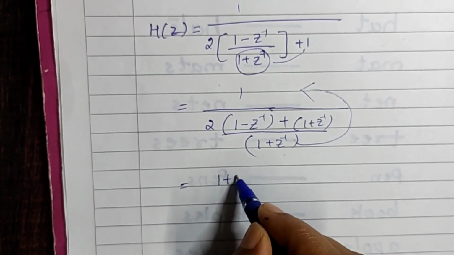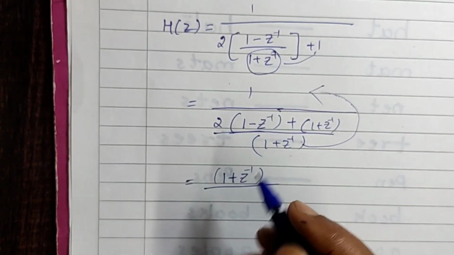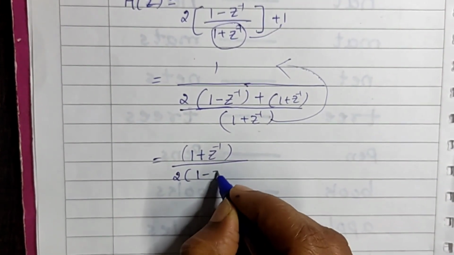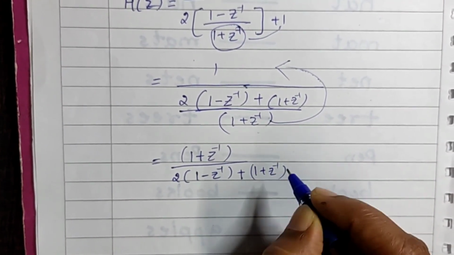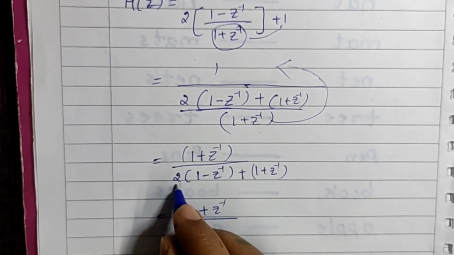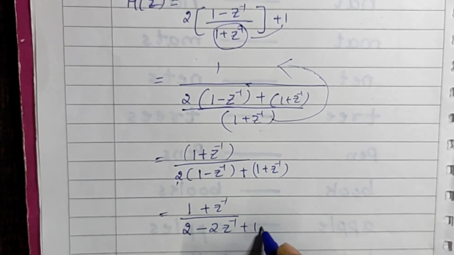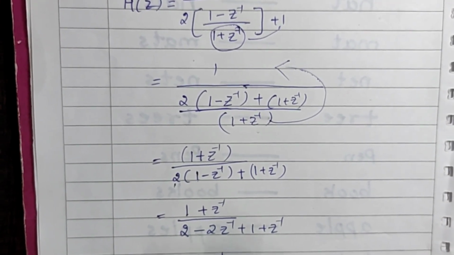So (1 + Z^-1) goes up, and in the denominator we have 2(1 − Z^-1) + (1 + Z^-1). Simplifying: 2 into 1 is 2, so 2 − 2Z^-1 + 1 + Z^-1. We will simplify this a bit more.